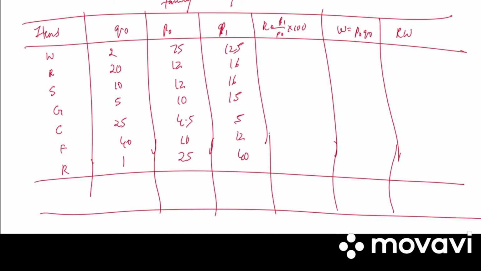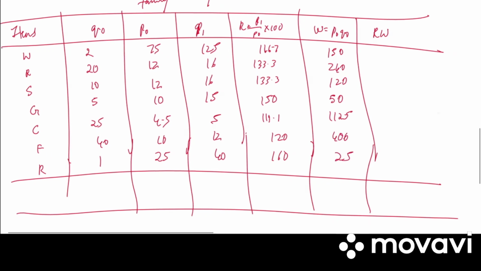Next we have R, P1 divided by P0 into 100: 125 divided by 75 into 100, 166.7, 16 divided by 12 into 100, 133.3, again 133.3, 15 by 10 into 100, 150, 5 divided by 4.5, 111.1, 120, 160. Next we have P0 into Q0: 2 into 75, 150, 240, 120, 50, 112.5, 425.